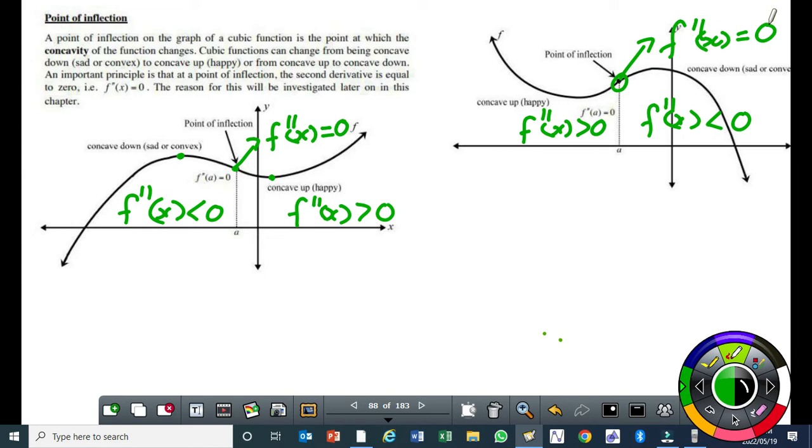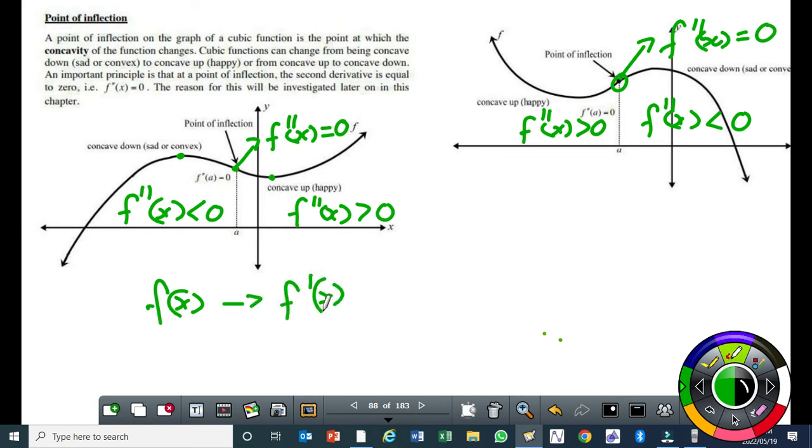Why do we need the second derivative? The second derivative tells us the rate of change of the gradient. I'm going to repeat that. When you are given f of x, you determine f prime of x.